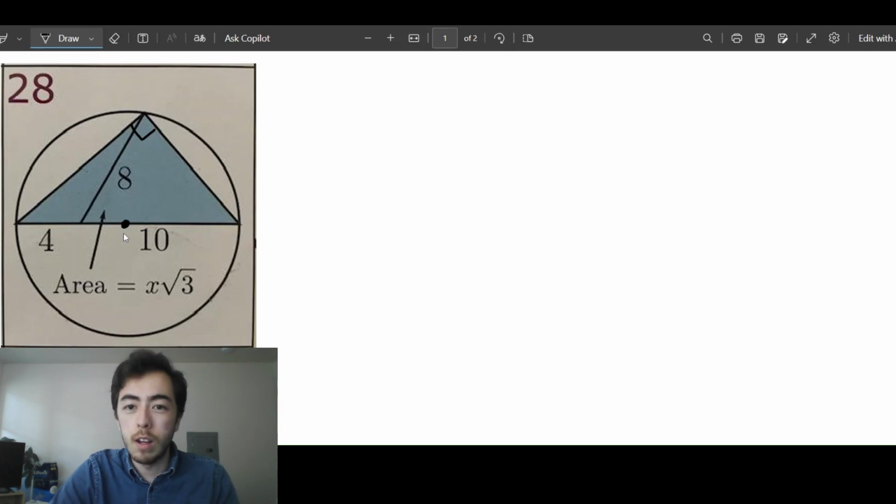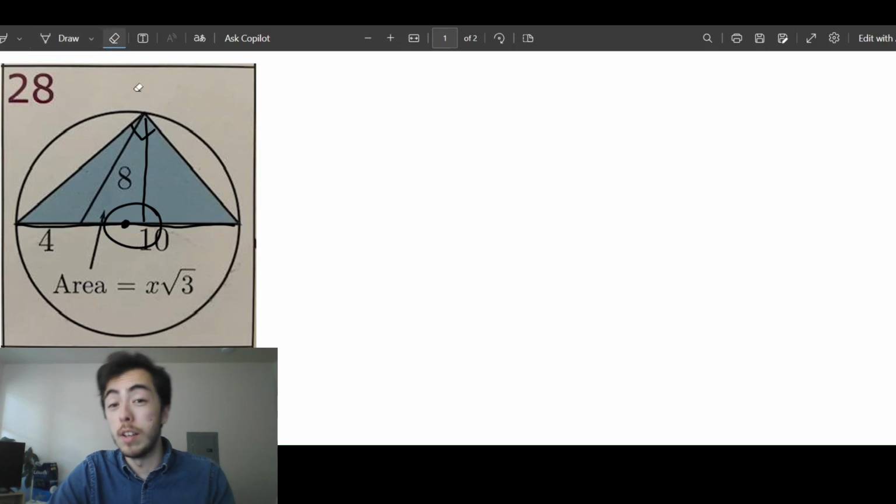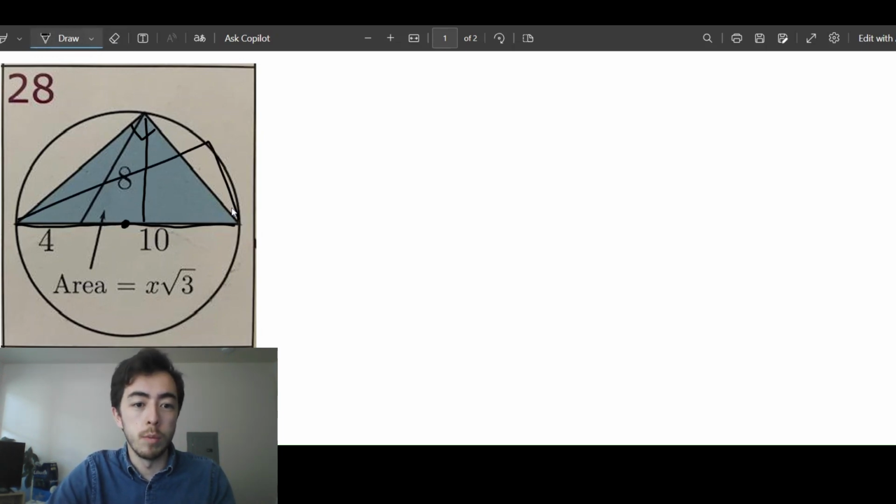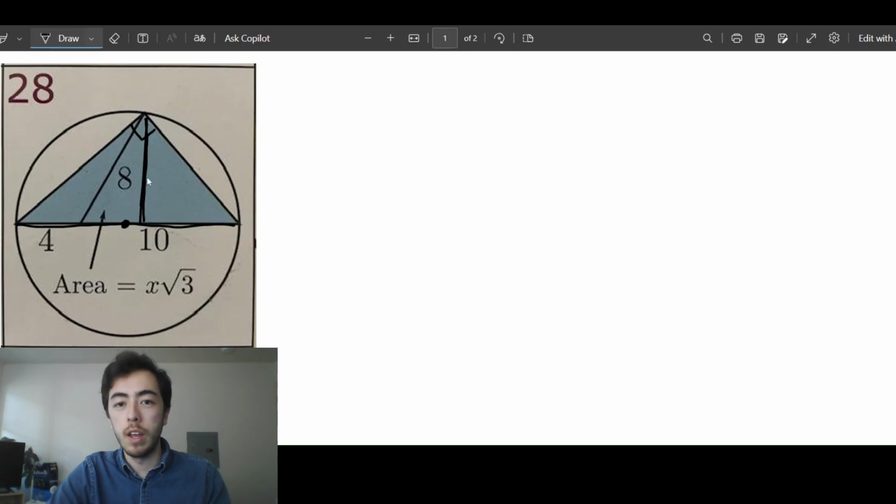To find the area of a triangle, I'd like to do base times height and then divide by 2. I'm pretty sure these are not supposed to be intersecting, because if this right angle were somewhere over here, clearly that's not going to be in the center of the circle. So this altitude of my blue triangle probably won't intersect the center of my circle.